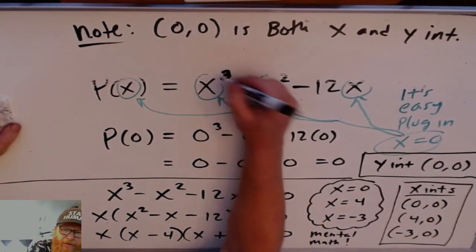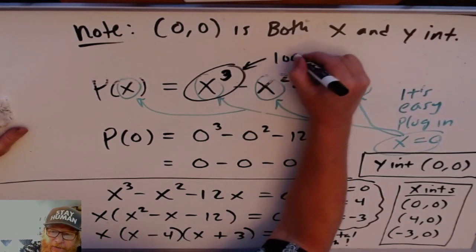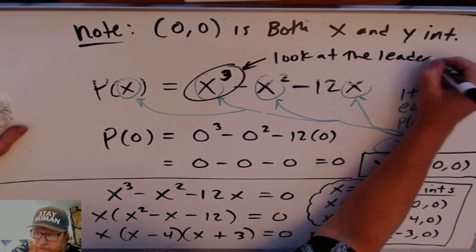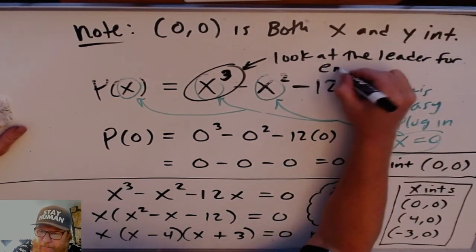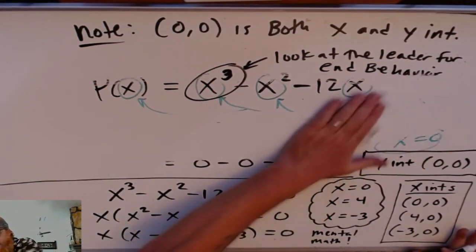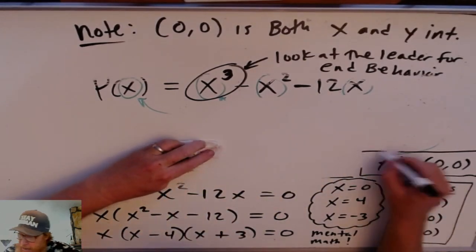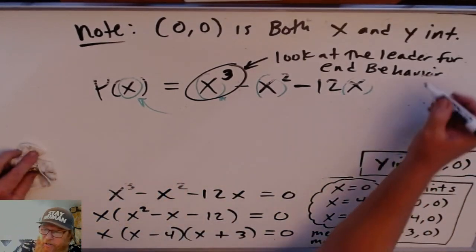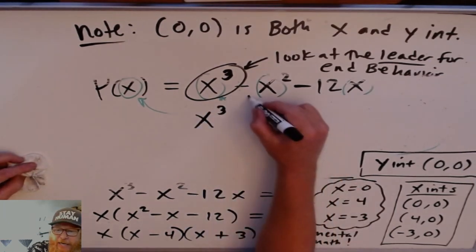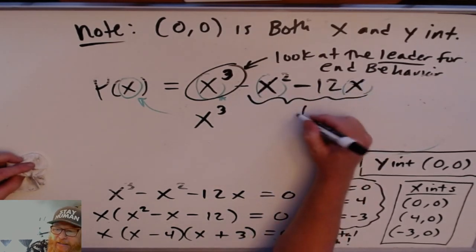Okay, and then finally for the end behavior, look at the leader. When you're finding the end behavior, all that matters is the leading term, or the leader. So it's x cubed. You can ignore all of the other terms when you're finding the end behavior.